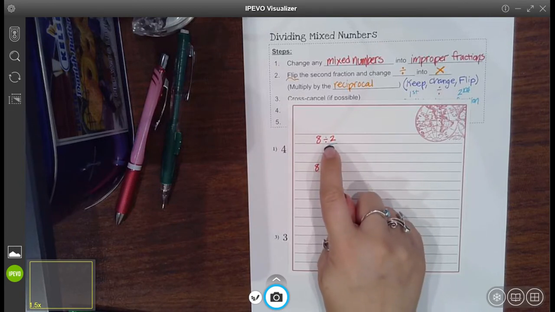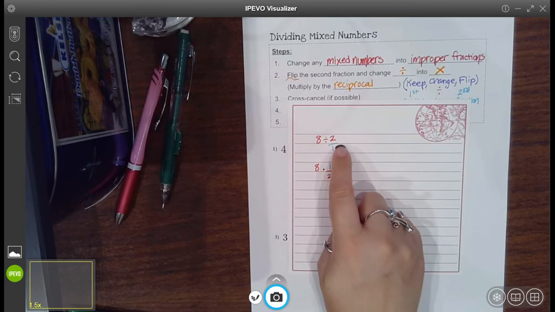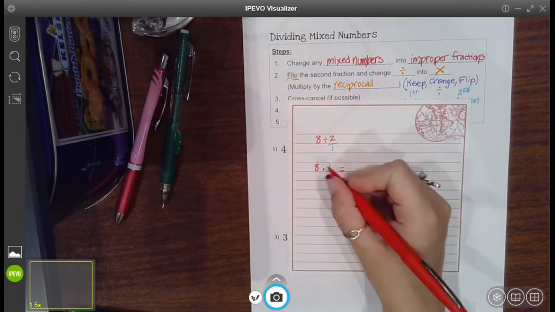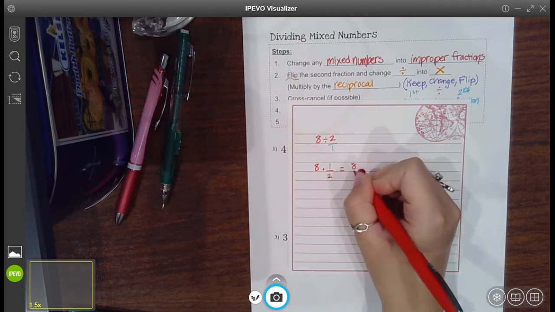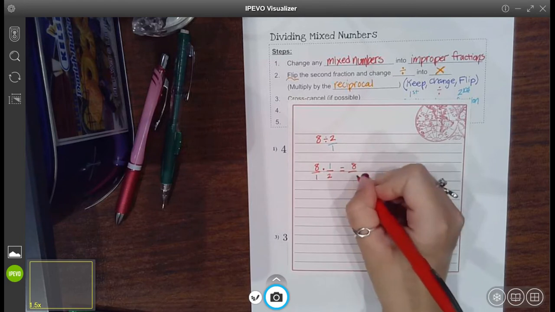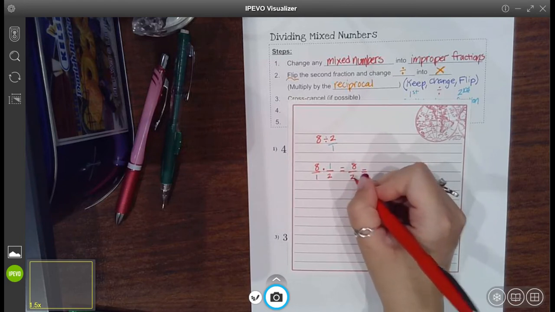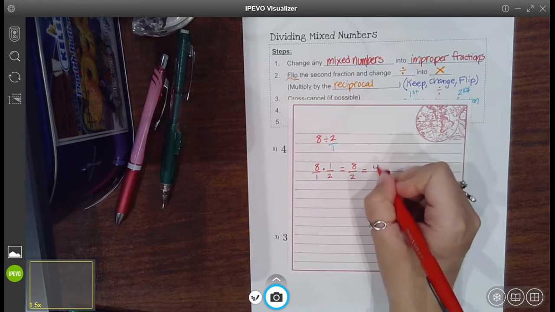If you multiply by the reciprocal, change division to multiplication, flip 2 over 1 to become 1 over 2, and then you just multiply across, 8 times 1 is 8, and 1 times 2 is 2. Now it's saying 8 divided by 2, and 8 divided by 2 is 4.